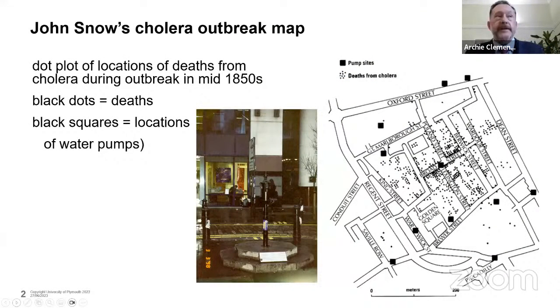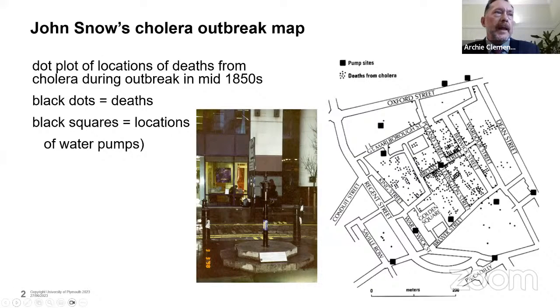Anyone who's worked in epidemiology or in infectious diseases, particularly waterborne diseases, will know all about John Snow, who was a physician and an epidemiologist in England in the 19th century, who was interested in the notion that cholera, a disease that killed lots and lots of people and caused intestinal disease that led to death, was not transmitted as people thought at the time via miasma or foul-smelling air, but was transmitted via the fecal-oral route, with water being the main mechanism.